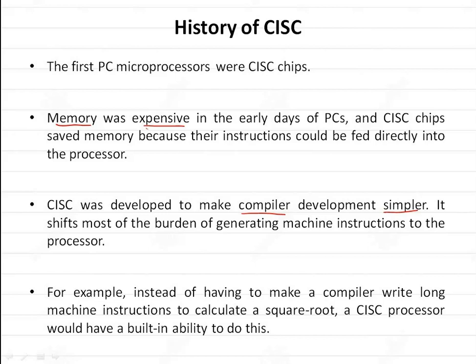For example, suppose that we need to perform a square root operation. In order to save writing a complex compiler, all the burden is given to a CISC processor, and CISC processors have complex instructions which have the ability to do such complex operations, like calculating the square root or performing logarithmic operations and so on.